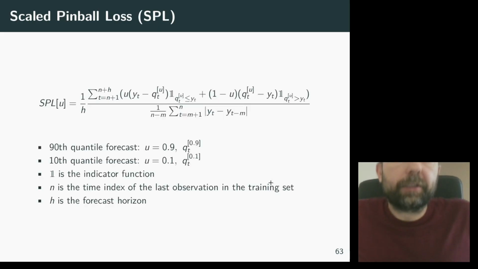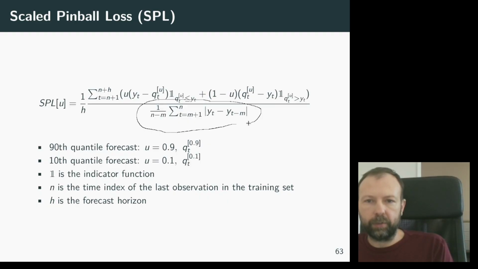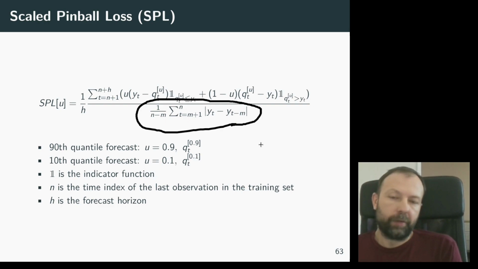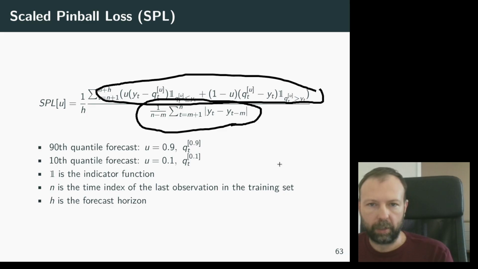Good. Another measure that people are using is this scaled pinball loss. Again, it looks very complicated, but you just divide by the same in-sample naive average over the training set as MASE and RMSSE do. And then up here, this is just the pinball loss written in a different way, right, with indicator functions.